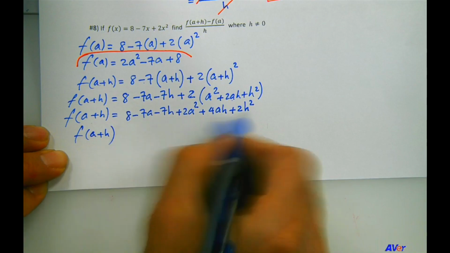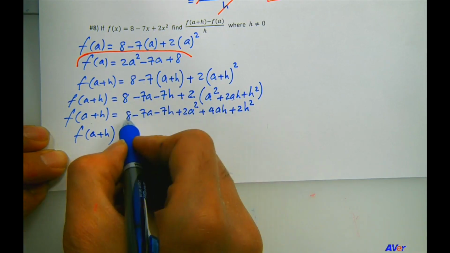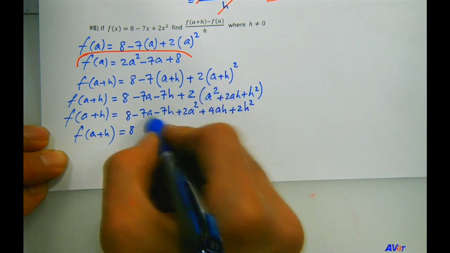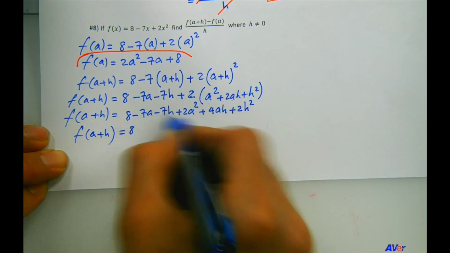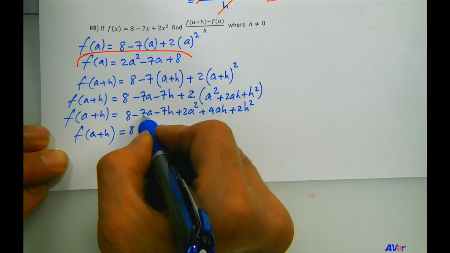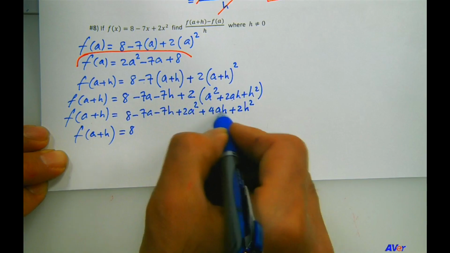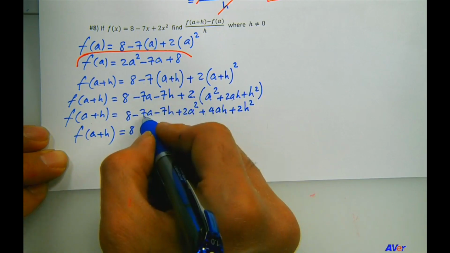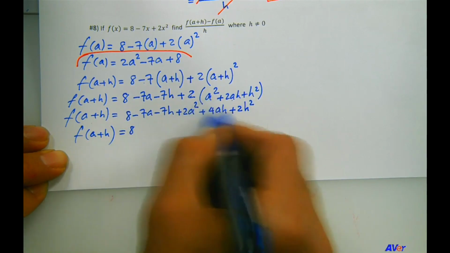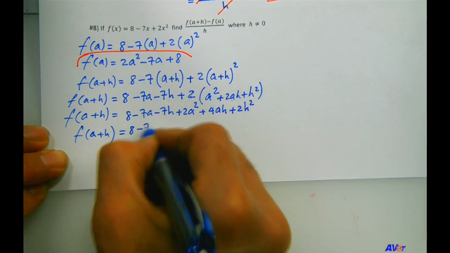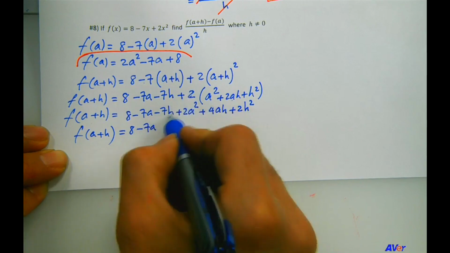Are there any constants here that I can combine with 8? No. So I'm just going to write down 8. Are there any a terms that I can combine with this 7a, minus 7a? No, right? This is ah, which is not something a. This is a squared. So no, those are different terms than this, different category of term. So minus 7a. Is there anything I can combine with minus 7h?